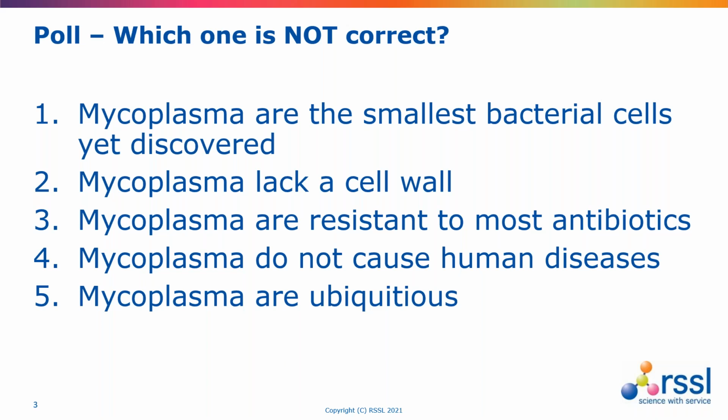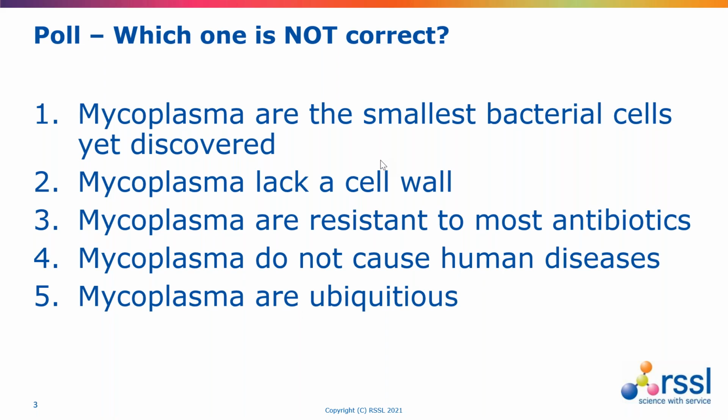Right, I'm going to close the poll. 16% of you thought that Mycoplasma were the smallest bacterial cells yet discovered. 19% thought that they lacked a cell wall. 21% thought that they are resistant to most antibiotics.